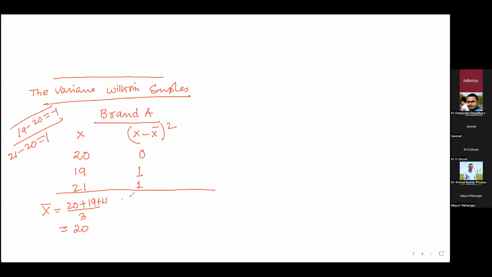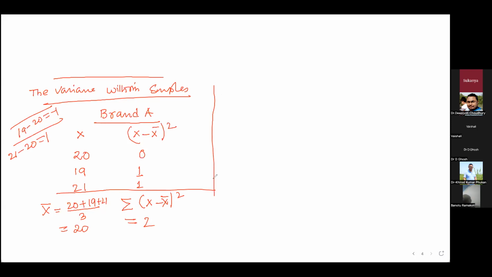So the summation of X minus X bar whole square is 0 plus 1 plus 1, which is basically 2. Is this calculation clear to all the participants? Yes, sir.